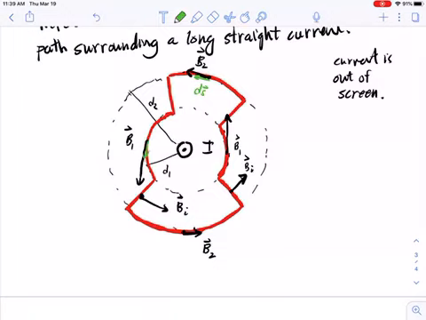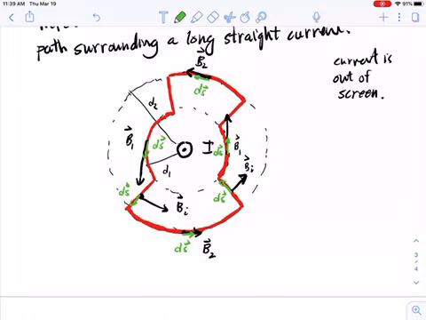Over here, I would have ds in this direction, tangent to the path. This one's a bit different, right? Over here, we're going to stay tangent to the path, and so my ds vector is over here. Staying tangent to the path, I'm going to have a ds. Tangent to the path this time would be ds in this direction, and ds would be in that direction. So I think I got all the little points where we labeled the magnetic field.